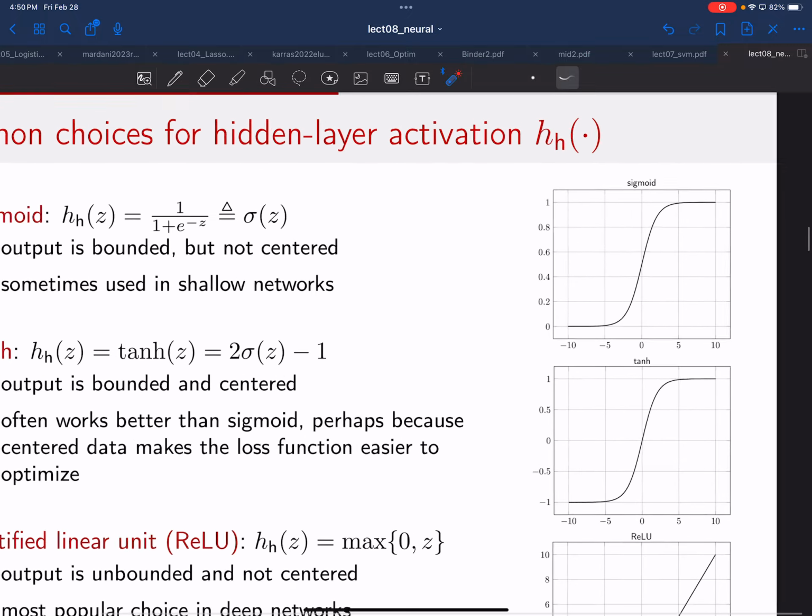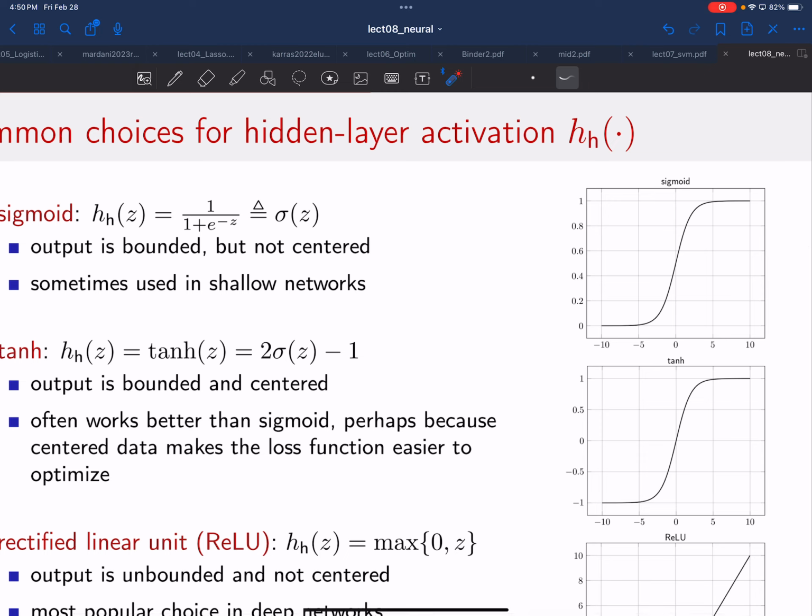So at a high level, we can notice that the output is bounded. Bounded above by 1, bounded below by 0. And it's not centered in the sense that the outputs are always positive. So as your inputs vary, you're not going to get outputs that are 0. Your outputs are going to be somewhere between 0 and 1.